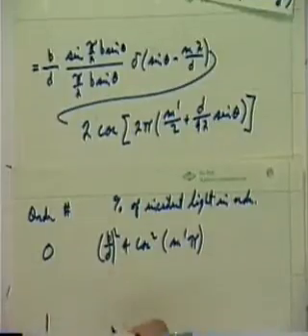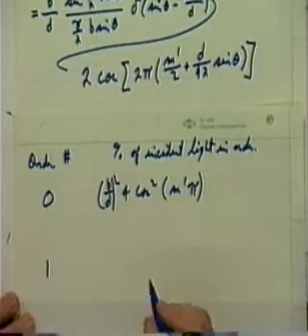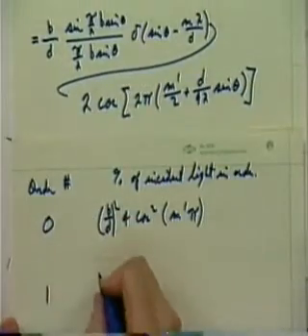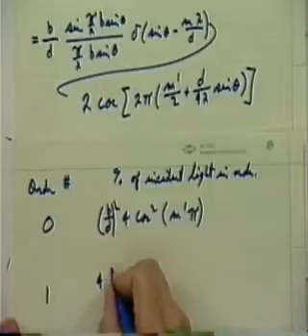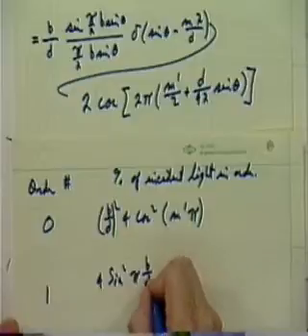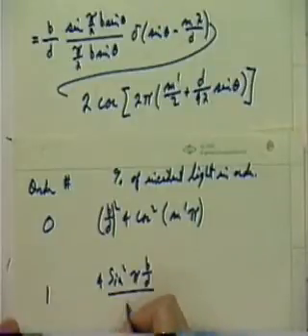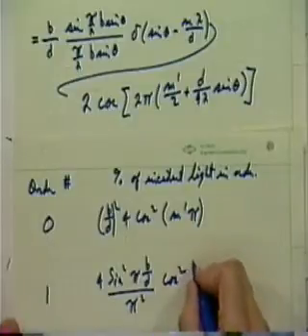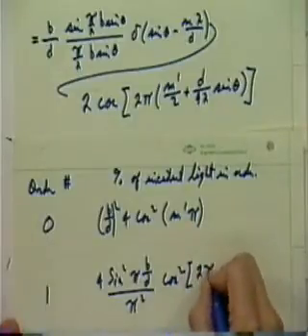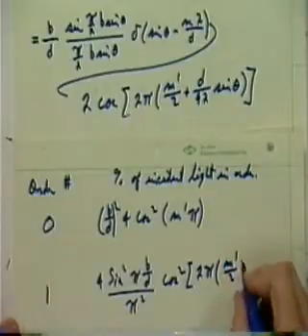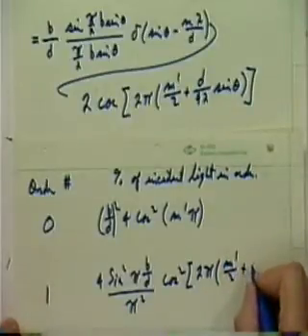Plus 1 order. This becomes a little more complicated when we multiply this out, but we get 4 sine squared of pi b over d, divided by pi squared, cosine squared of 2 pi m prime over 2 plus a quarter.